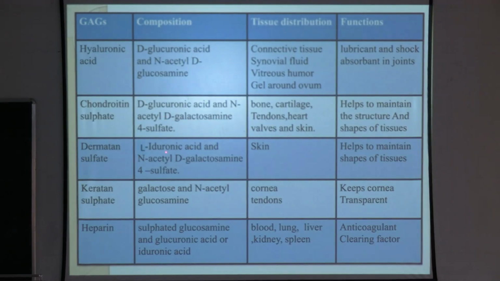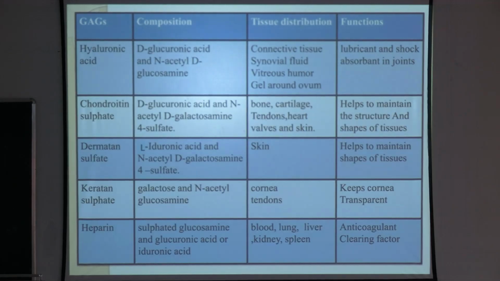In dermatan sulfate, it is iduronic acid. How to remember? D for dermatan sulfate, iduronic acid containing D. So dermatan sulfate contains iduronic acid as acid sugar, whereas chondroitin sulfate contains glucuronic acid.